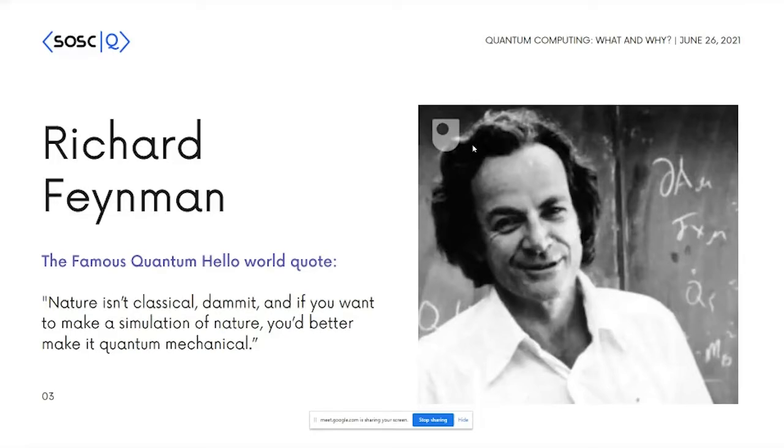When you simulate a physical system, let's say molecules or materials, you convert the physical system into a mathematical model, process it, and then you get your results.